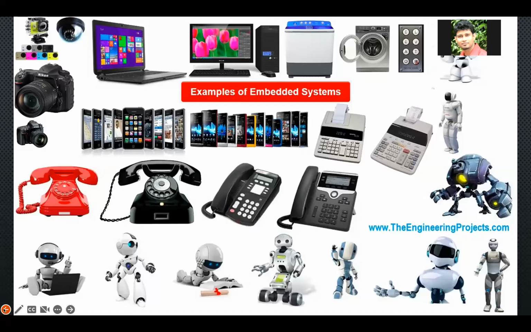Then these are also computers: smartphones, cameras, DSLR cameras, CCTVs, action cameras, laptops, desktops, some modern washing machines, robots, telephones, robot toys, special printers, medical scanners, and cars, modern vehicles. These are also having computers. These are called embedded computers.